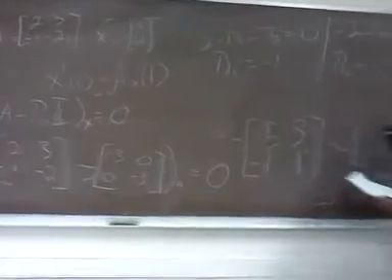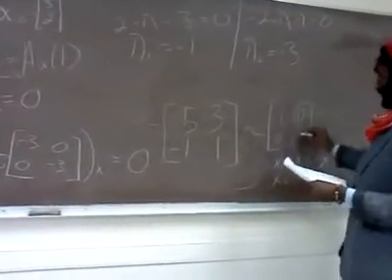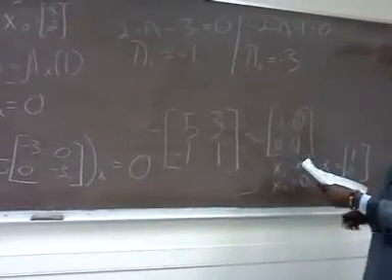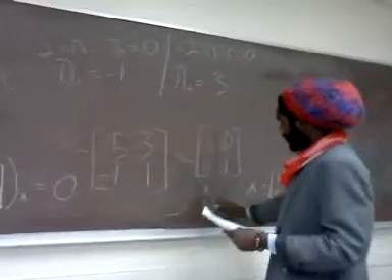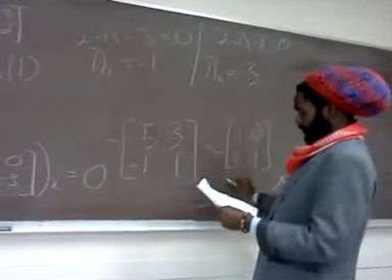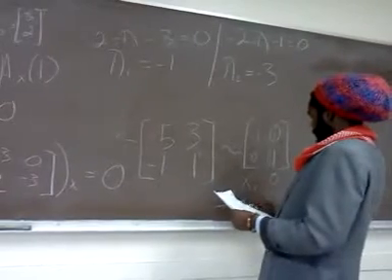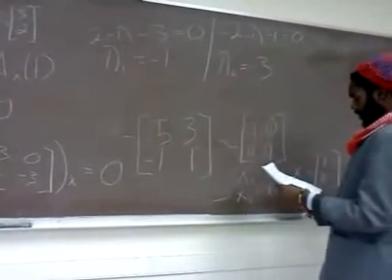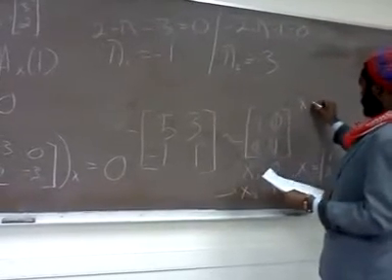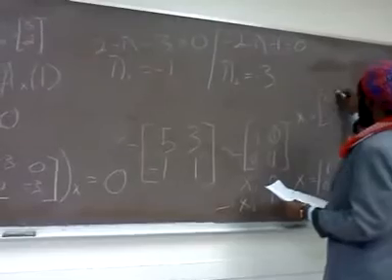Now when we row reduce that, it's going to change slightly, giving us 1, 0, 0, 1, which gives x1 equals 0 and x2 equals 1, giving us x equals 0, 1.